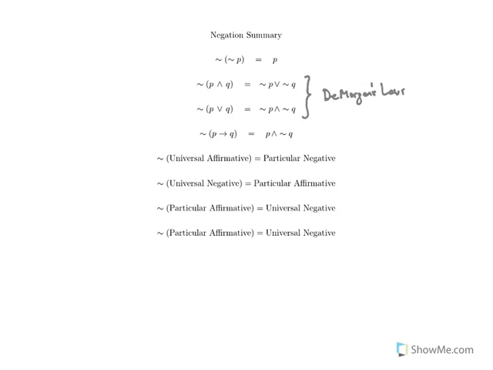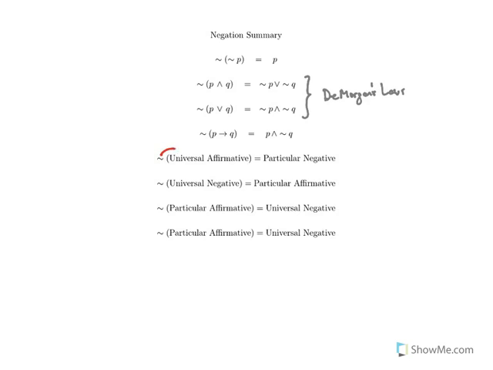And then we talked about negating statements in general. If you have something that's a universal affirmative, you're talking about all of something, and you negate it, then you're going to say that some things are not. You have a particular negative. So the opposite of the universal gives you the particular. The opposite of the affirmative gives you the negative.